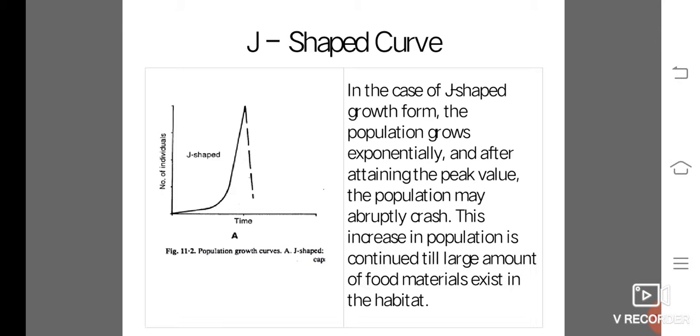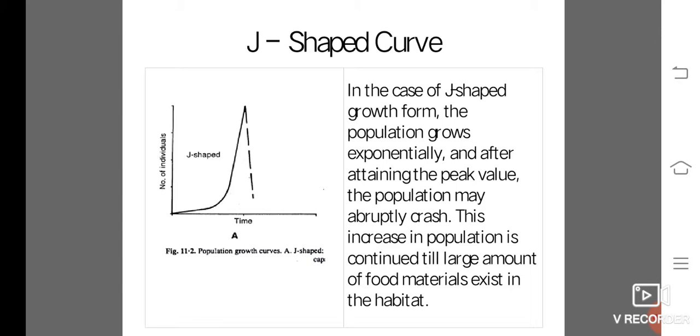In the case of J-shaped growth form, the population grows exponentially, and after attaining a peak value, the population may abruptly crash. This increase in population is continued till large amount of food materials exist in the habitat.